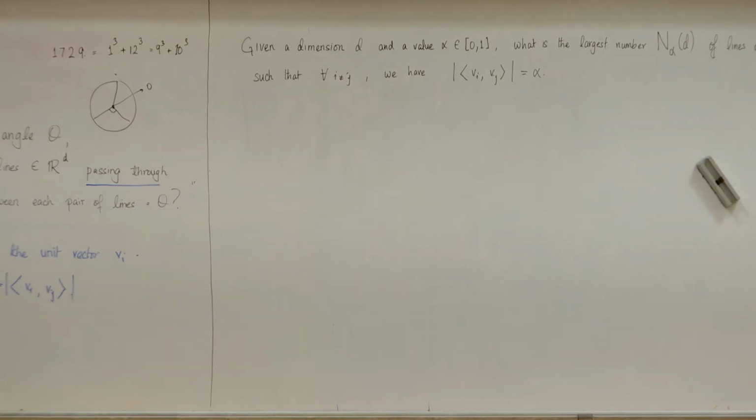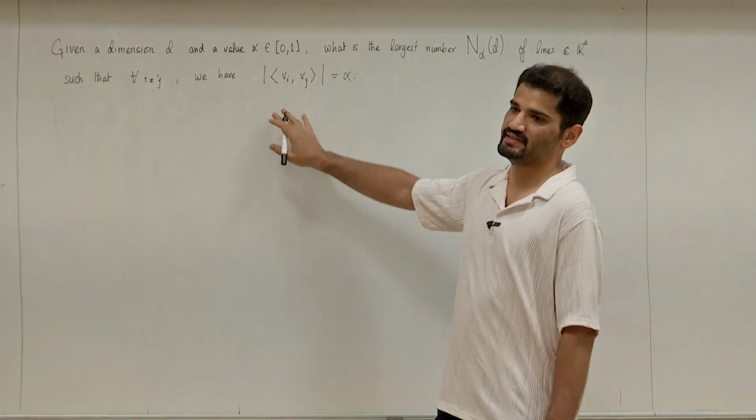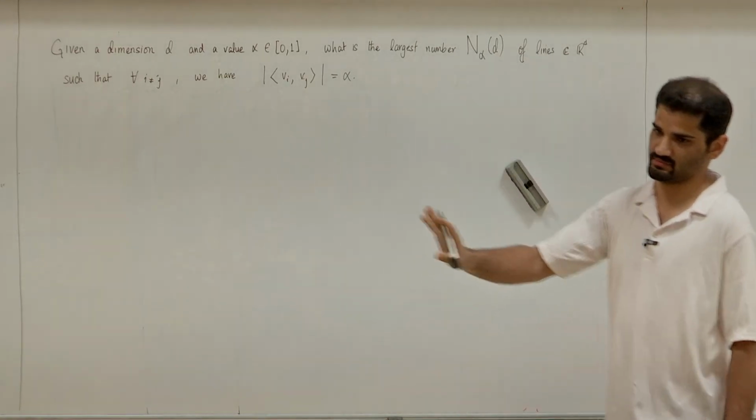So I'm writing the same question in terms of lines. That's why we have the absolute value, and the v_i's are the unit vectors in that direction as before.